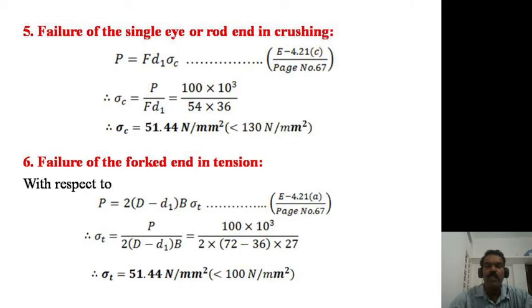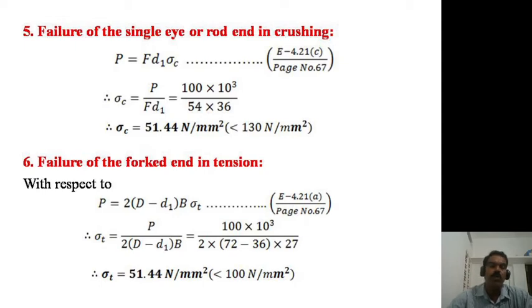P means tensile load, that is 100 into 10 cube, divided by F value 54 into d1 value 36. Therefore sigma C is equal to 51.44 Newton per mm square. This is the induced crushing stress of the single eye. Hence it is less than the permissible crushing stress of the single eye, that is 130 Newton per mm square. Hence the design of the single eye or rod end in crushing is safe.